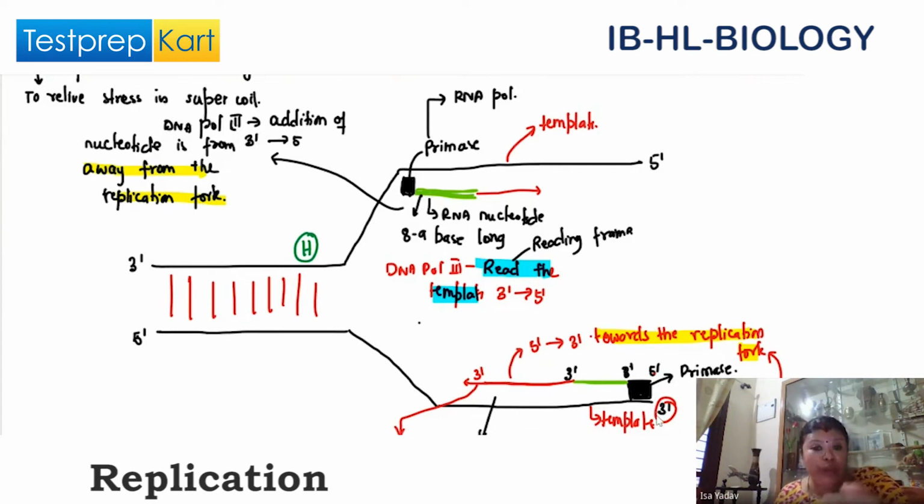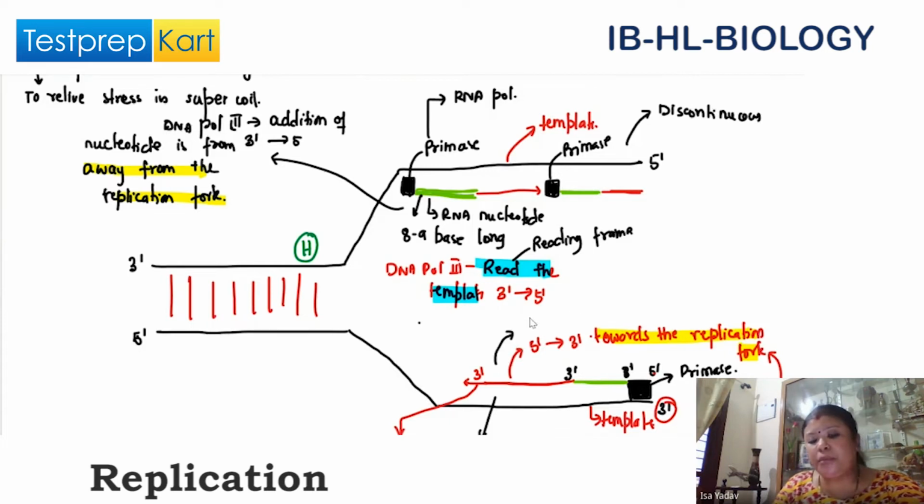Since it is away from the replication fork, one new thing is happening here. RNA primer is not able to add the new strand continuously. So after some time, again here primase. Then we will again have nucleotides and then DNA. So here the replication is discontinuous.